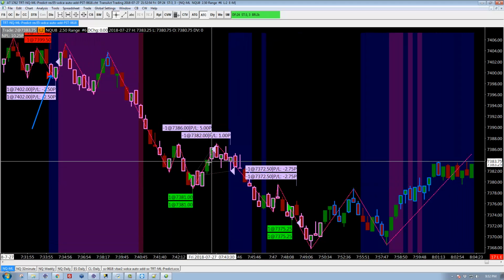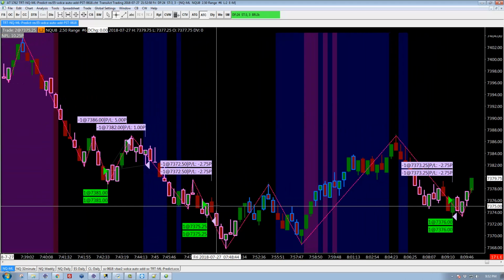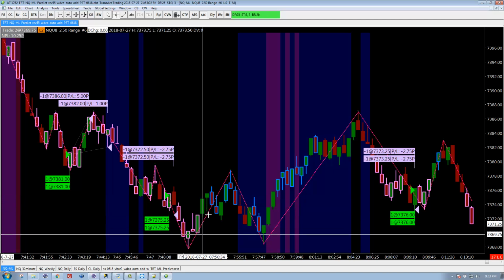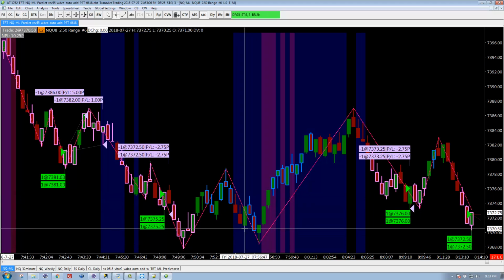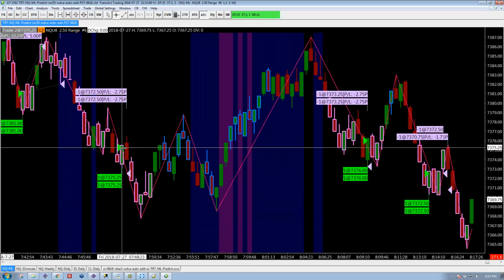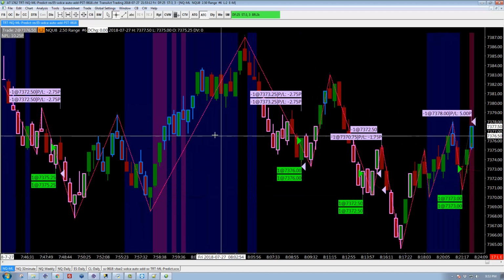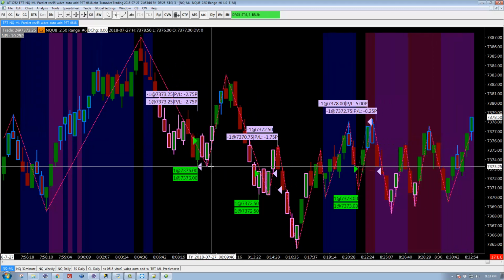Let's see, we make a little bit here, +5 and +1. And then here it's the same thing. We're getting long, right? But it's too soon. All right, so some of this is just the volatility, but some of it is predictions that aren't right. Here we are getting long again and getting stopped out to the tick.